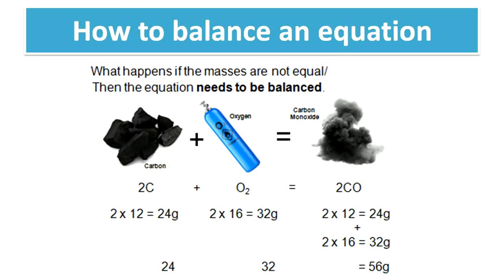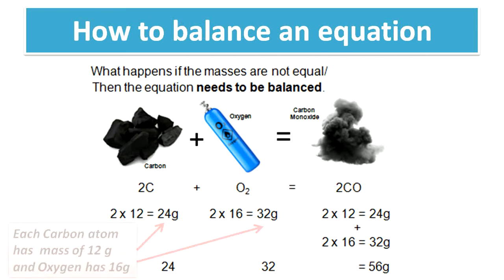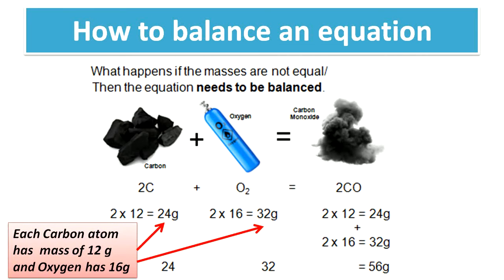If the masses are not balanced, then the equation is not balanced. Here, each carbon atom has a mass of 12 gram and oxygen has a mass of 16 gram.